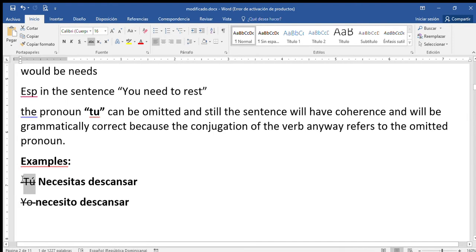So when you say "tú necesitas descansar," if you delete this pronoun, if you don't use it, anyway, people will know that you are talking about tú, because the conjugation of this verb only refers to this pronoun tú. So let's see.